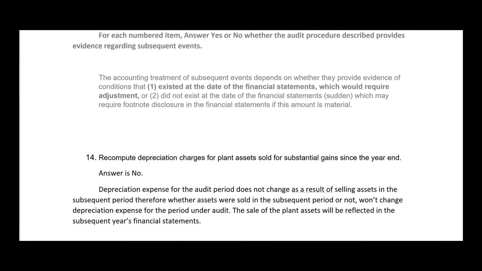Therefore, whether assets were sold in the subsequent period or they weren't sold, that won't change depreciation expense for the period under audit. The sale of the plant assets will be reflected in the subsequent year's financial statements. So this would not result in a type 1 adjustment nor a type 2 footnote disclosure.